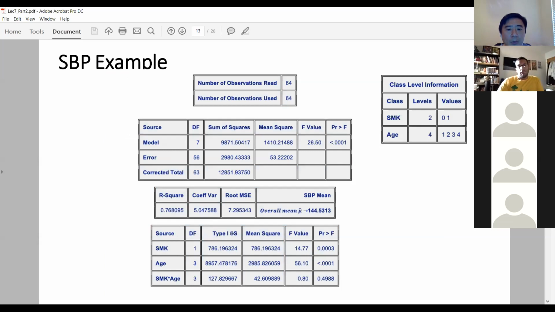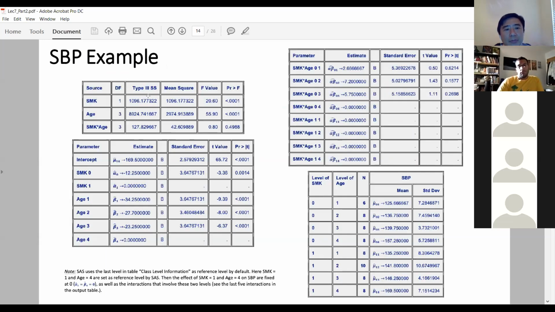We don't worry about Type 1. Usually we'll use Type 3 because Type 3 is interpreted as the effect of that corresponding factor when added to the model last. And these sums of squares sum up to the total sum of squares, a further partition of the variance.